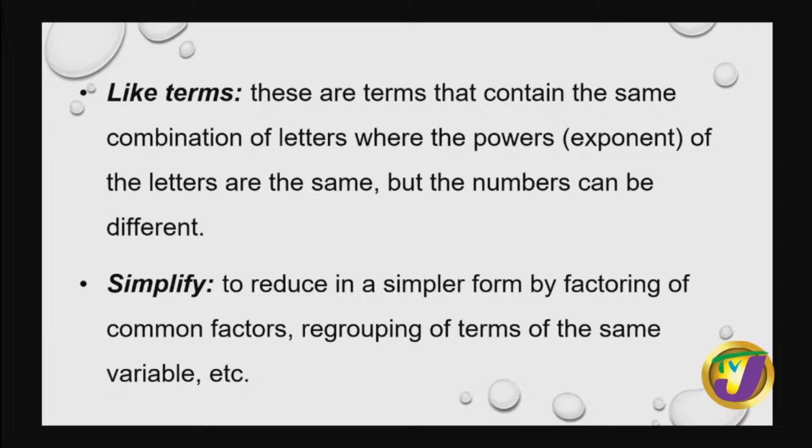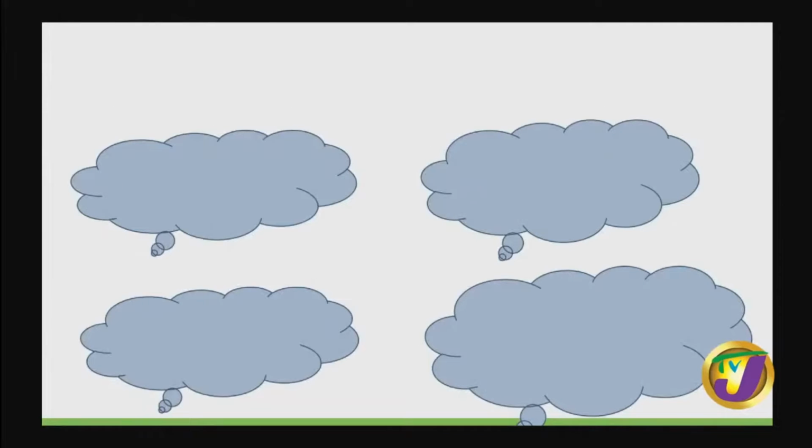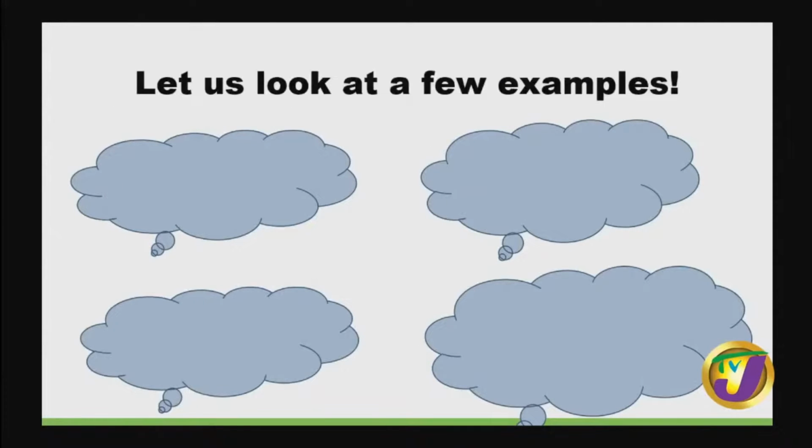All right, so let us look at a few examples of each thing that we just looked at. The first thing we looked at were terms. So you have 5t is a term all by itself, 3u and z. So a term may have a number or it just may have the variable. Then you have like terms. Let's look at those. We have 5c, 4c, c.